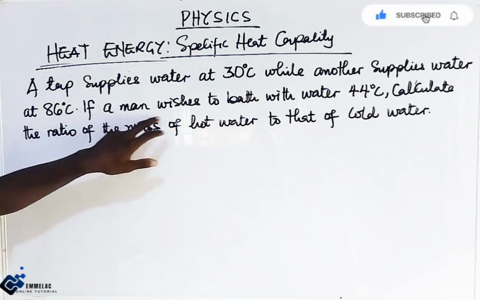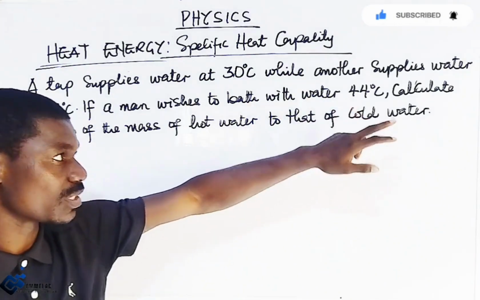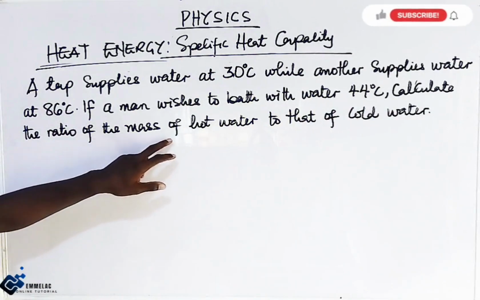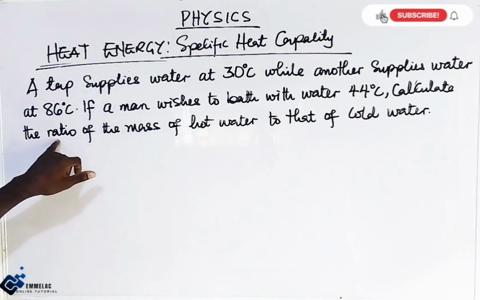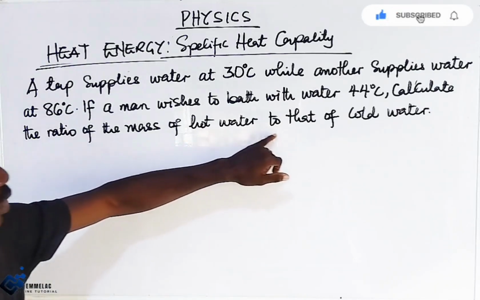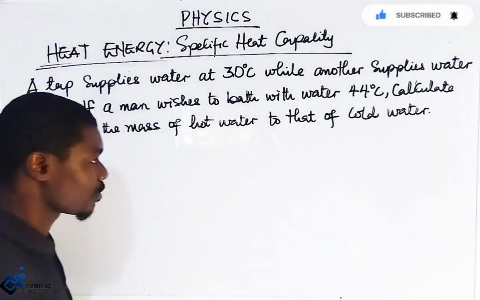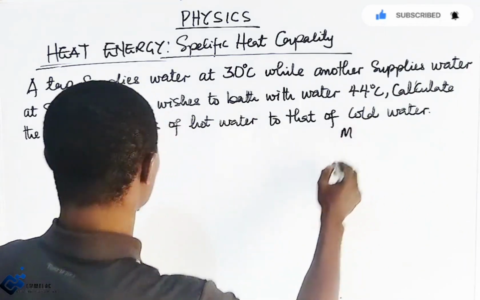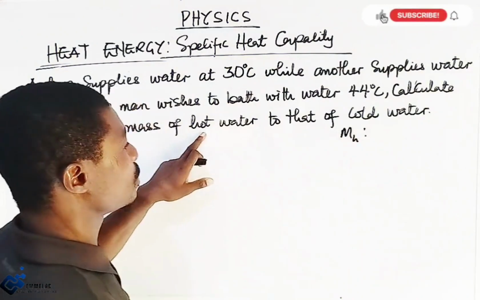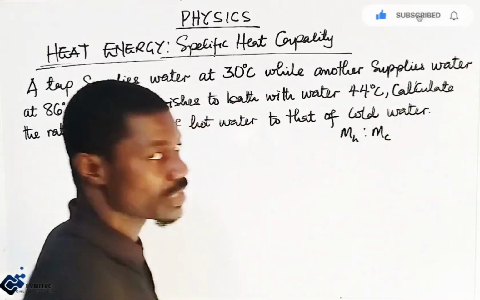Now, if a man wishes to bathe with water at 45 degrees Celsius, calculate the ratio of the mass of hot water to that of cold water. Now, what are we looking for? The mass of hot water, MH, to that of what? Cold water, MC.